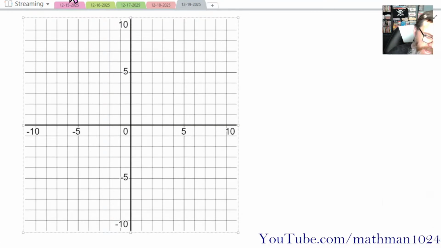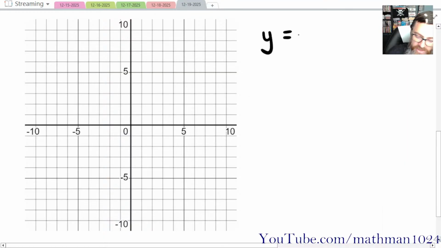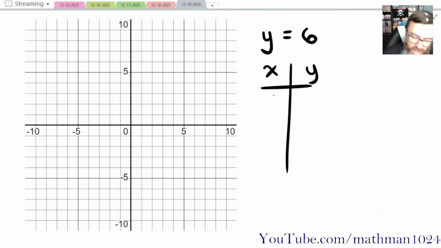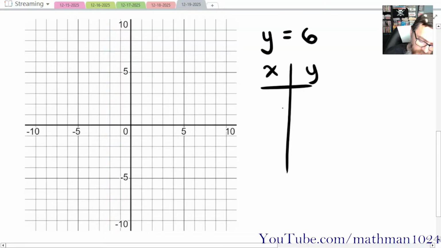All right, so that was when we had just x. But if I have, let's say, y equals 6, and I make a t-table of values with this, notice how this says y is 6. y has to be 6. So if x were 0, y is 6. If x is 2, y is 6.